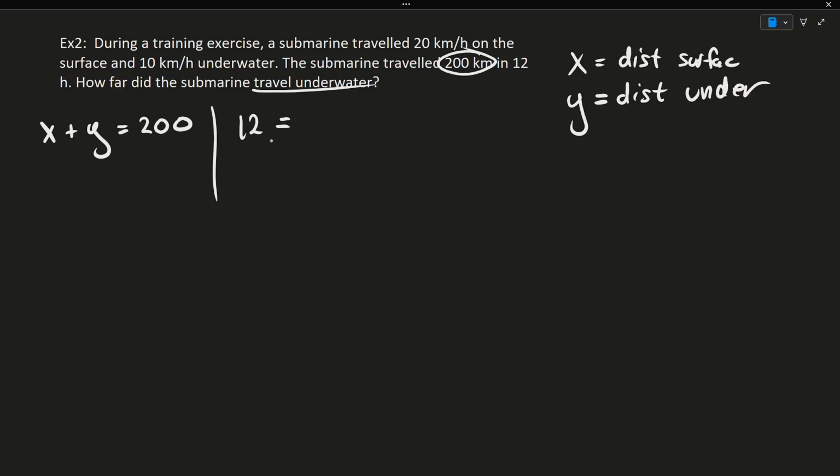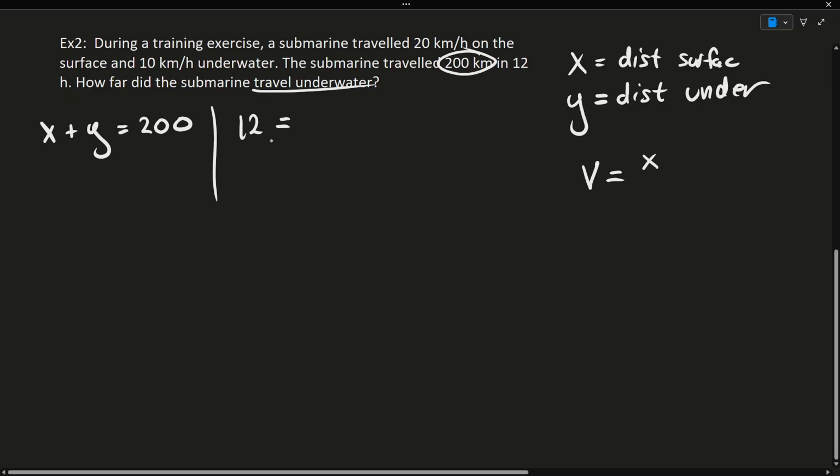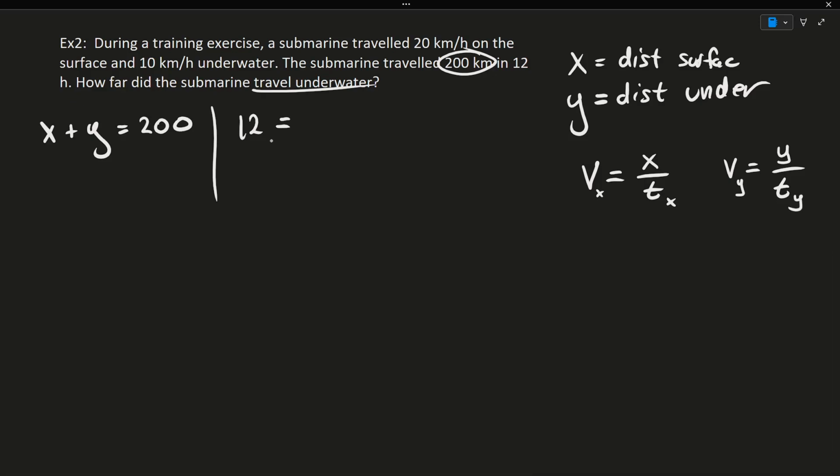But let's go back and review a little physics. We know that velocity is equal to distance over time, okay? So I'm going to put little x's here, here, and y's here and here. Focus on these two formulas here.